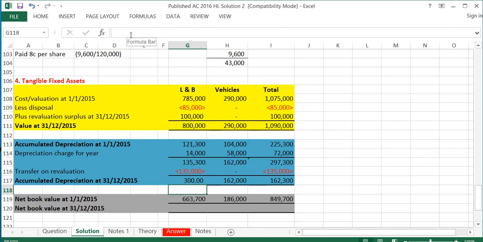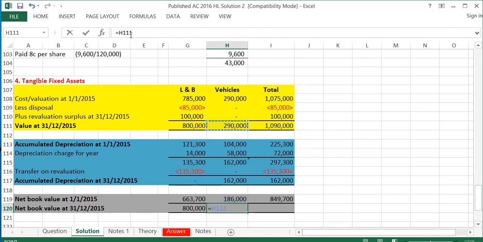Okay, the net book value at the end of the year then is 800,000 minus, and again, sorry, because I have to take all of that out, so again, that should be 300. I just forgot the 300. Okay, so that's that. Then at the end of the year, the cost of land and buildings is 800 minus the depreciation of 0.